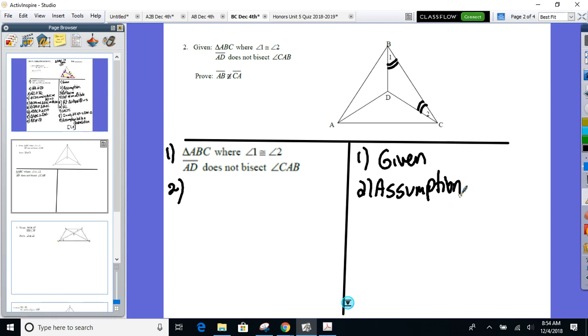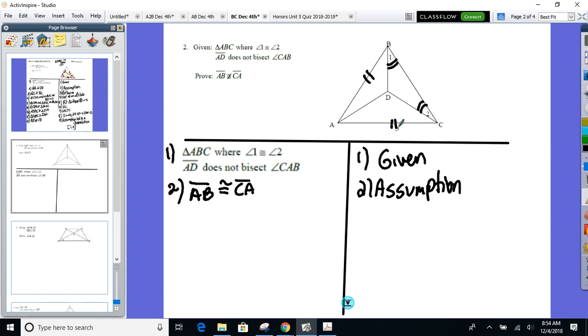What's your assumption in this one? What's our assumption? AB is congruent to CA. All right, which one do you want to contradict?